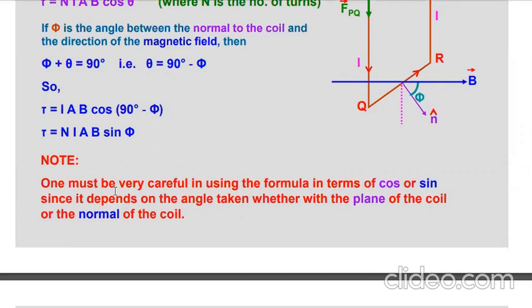One must be very careful in using the formula in terms of cos or sin, since it depends on the angle taken, whether with the plane of the coil or with the normal of the coil.